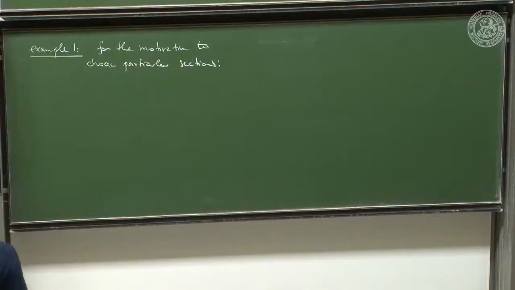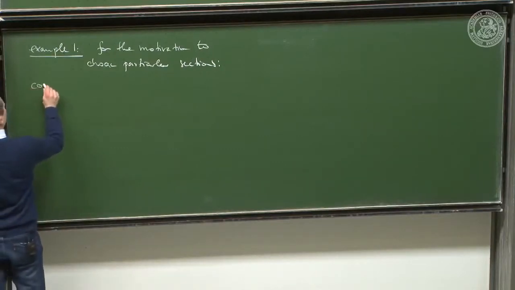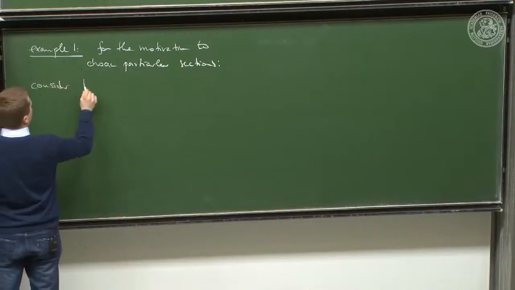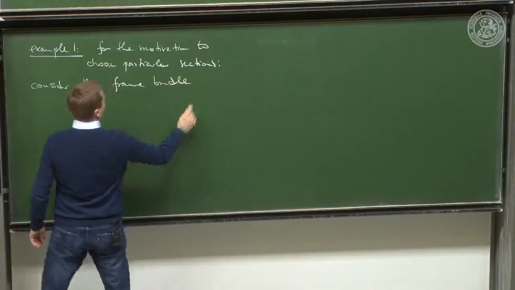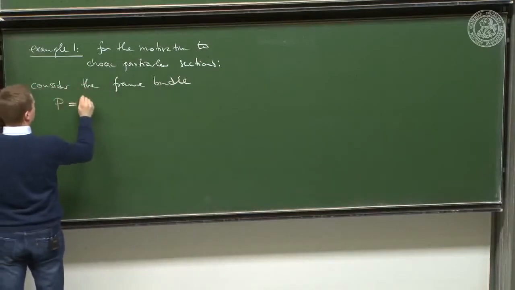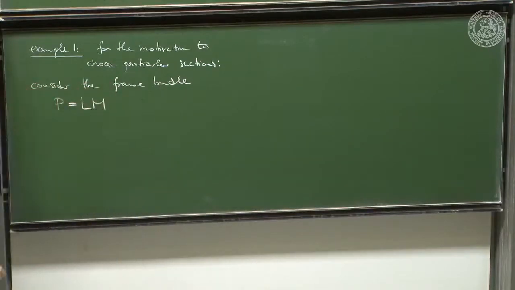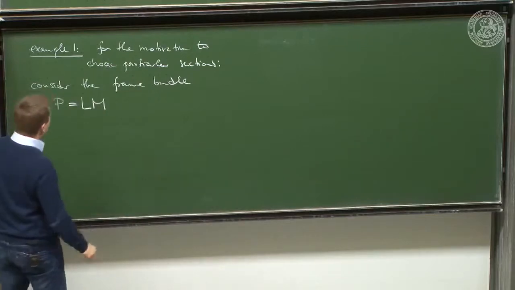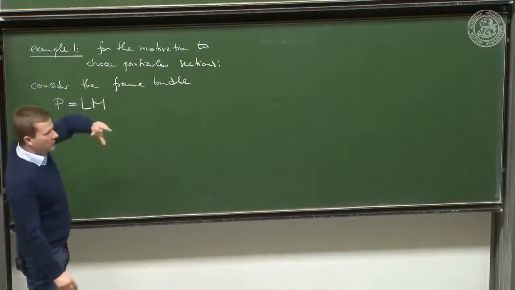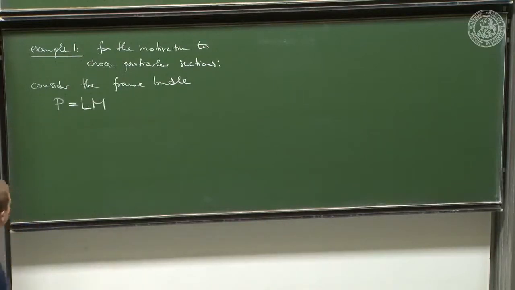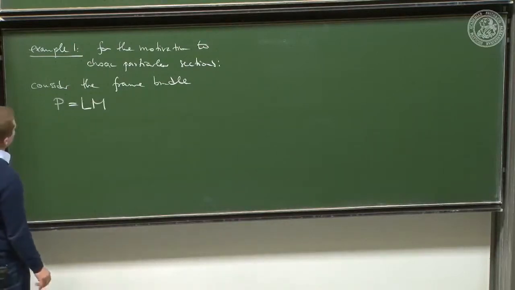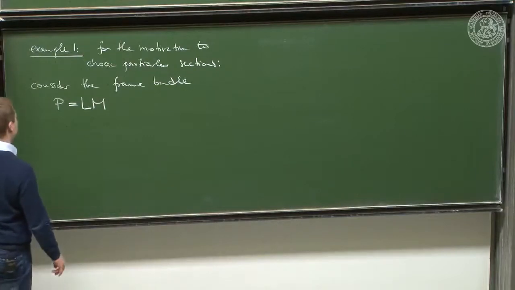Well, consider the frame bundle as an example. Remember the frame bundle, where the total space is given by this LM, and where you attach to every point all possible bases of the tangent vectors. That's the frame bundle. We discussed this, I think, at some length.